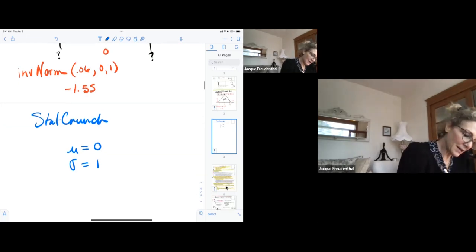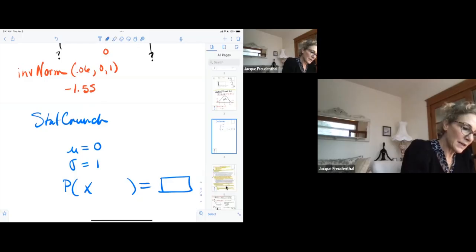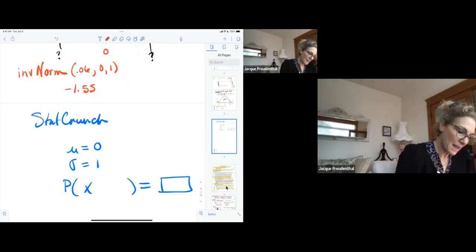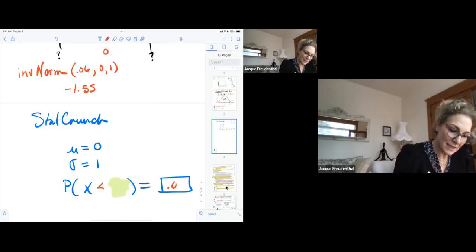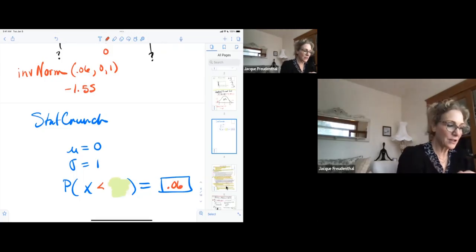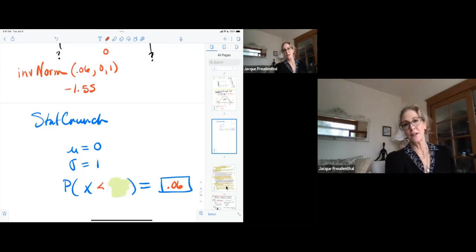And then under here would be P(X) equals. So you would put in, we want less than. We don't know this number. This is what we don't know. So we're trying to find. But we know that the area to the left is 6%. Oh, we could do it from between. Actually, this is a fine way to do it.